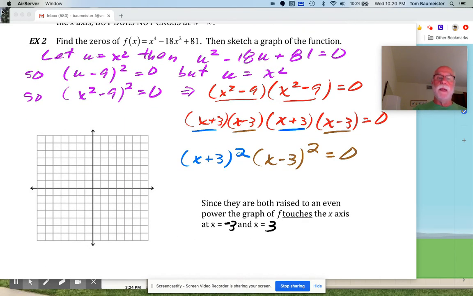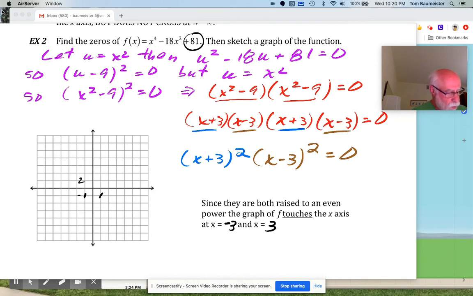All right, so now I'm going to go ahead and graph it for you. On the x-axis, I went by 1 and negative 1. Remember, at the beginning, our c is 81, so that is our y-intercept.